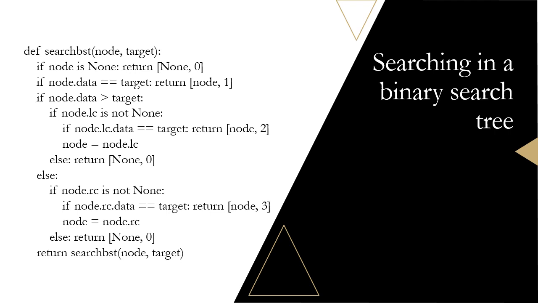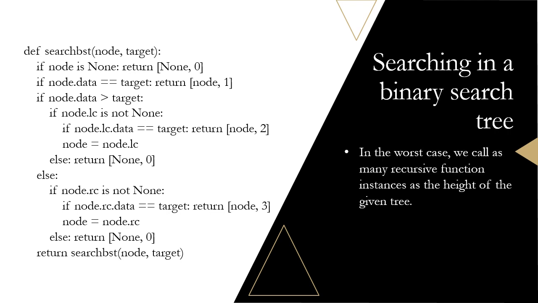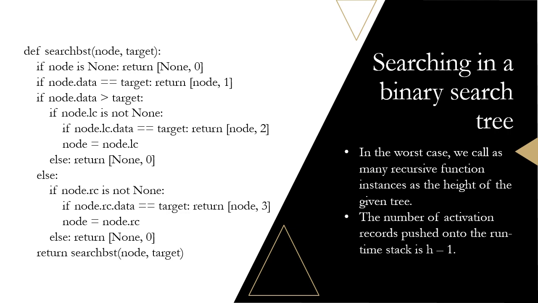Let us look at the time and space complexities of searching in a binary search tree. In the worst case, we call as many recursive function instances as the height of the given tree, and the number of activation records pushed onto the runtime stack is h minus 1.